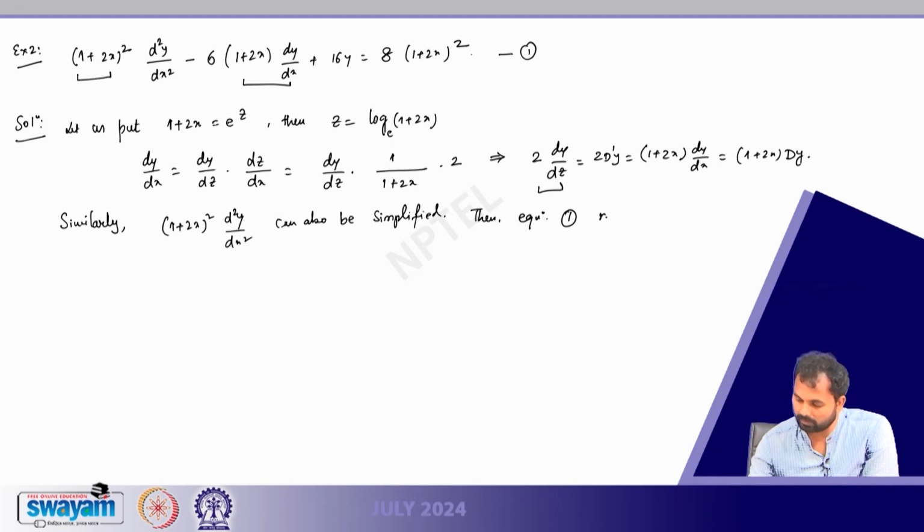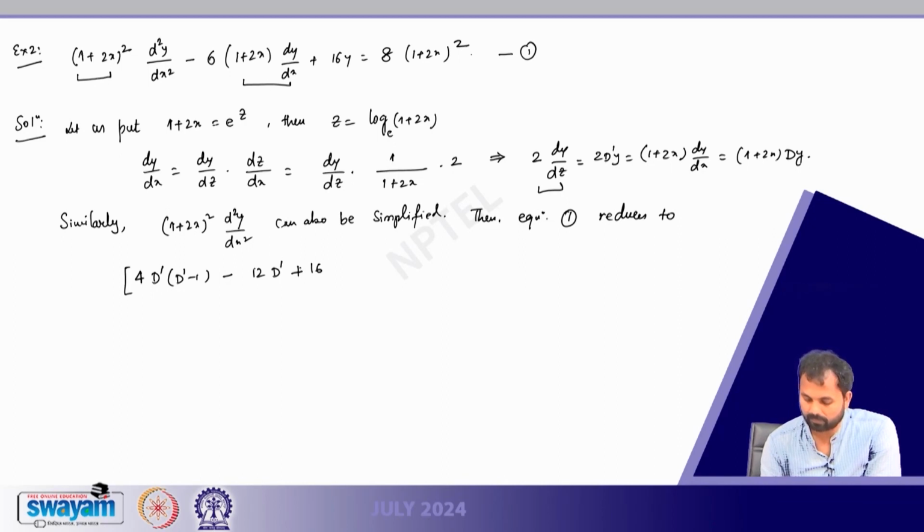Alright, so then if we substitute everything back there, equation 1 reduces to 4 into D'(D' minus 1) minus 12 D' plus 16 y equals 8 e to the power 2z, because we have (1 plus 2x) whole square. So 8 e to the power 2z.